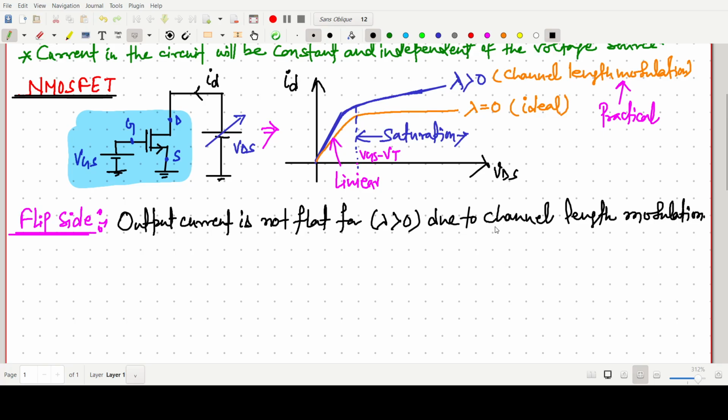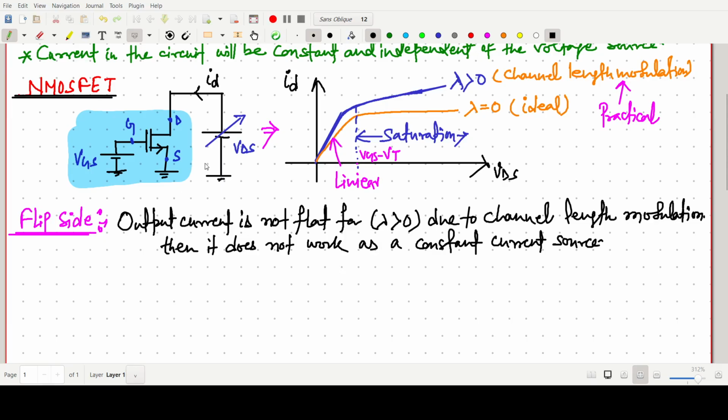Then this one does not work as a constant current source. Okay, this one is the limitation.